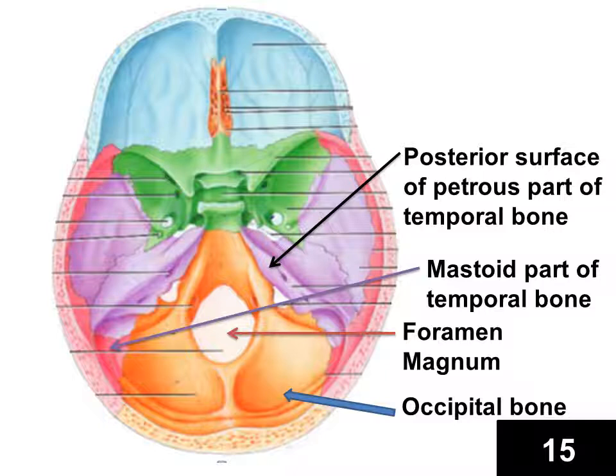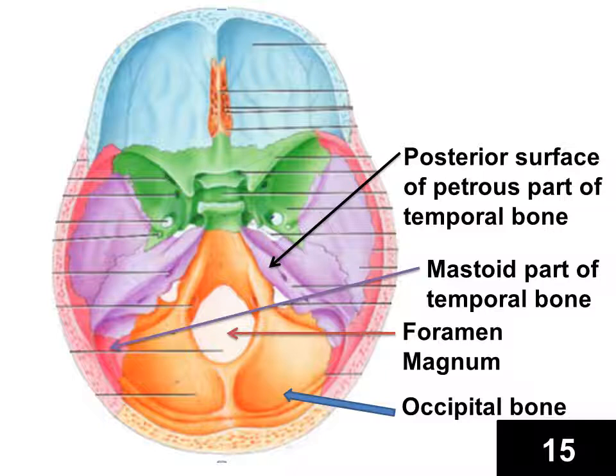Don't forget this. Through it pass the spinal cord مع اسم المننجز اللي تحيط به الvertebral arteries and the ascending spinal part of accessory nerve. هذه الأشياء اللي تمرق خلاله.